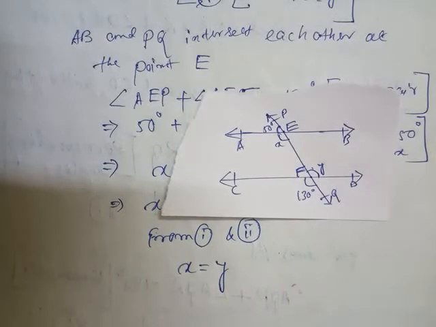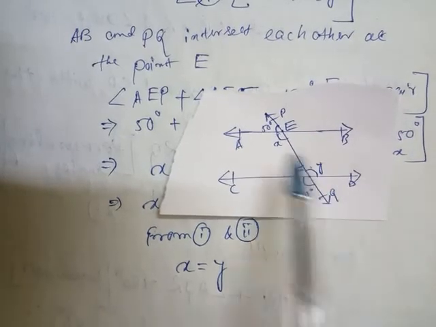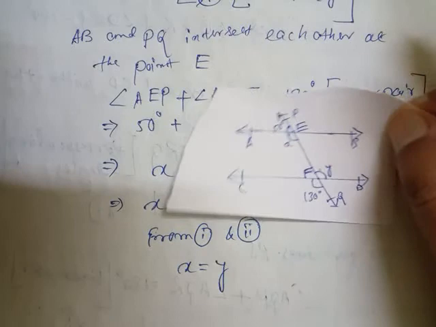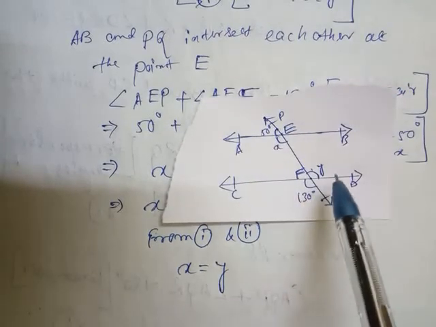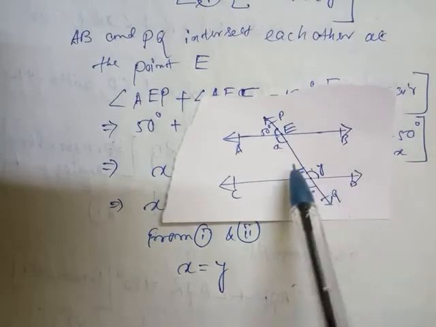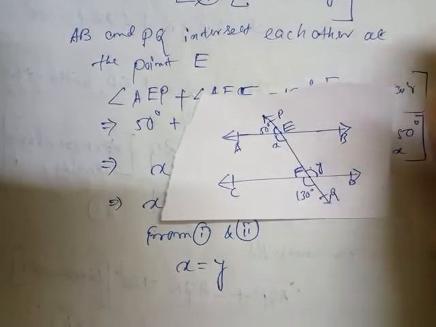Now look student after that. But student, look here, x and y are a pair of alternate interior angles. If these two are a pair of alternate interior angles, then AB is parallel to CD, this happens only in the case of AB parallel to CD. So student, look here, x and y are equal, this happens only in the case of a pair of alternate interior angles. So AB parallel to CD, we'll write down here.